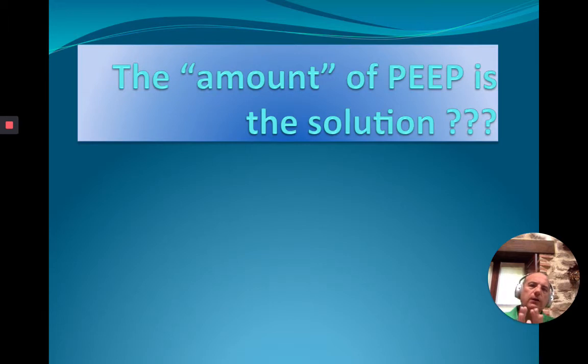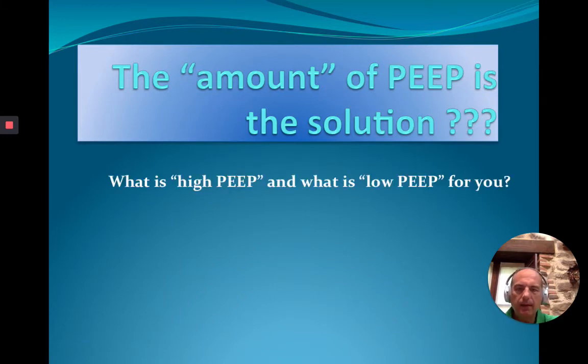So we are going now to review, in my opinion, one of the most important parameters to know how to set during mechanical ventilation. This is the famous concept of PEEP. And in my opinion, the problem with PEEP is probably that we are not asking the right questions, and we are not really getting through what PEEP means.